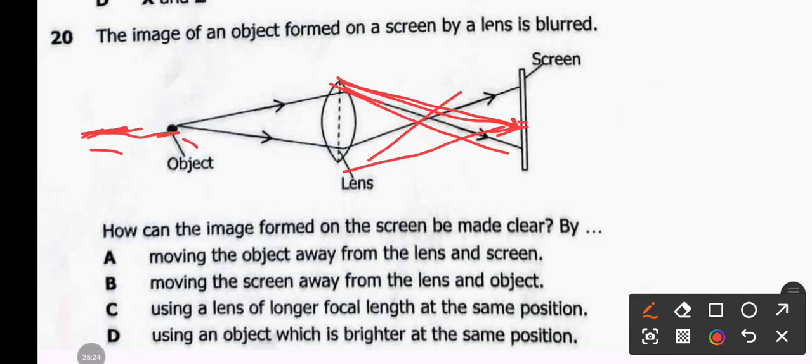Yes, if you move the object away from the lens, the light rays will be formed, at least, near the screen. So if they are formed much closer to the screen, it means that the image is much clearer. So I think I should go with option A here.